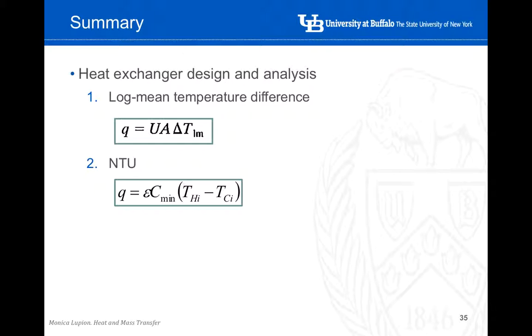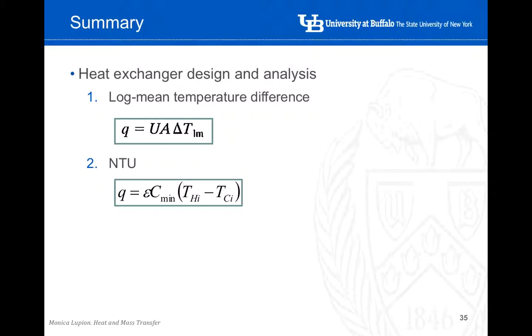This methodology is very useful when we know at least 3 of the 4 temperatures of the fluid at the inlet and at the outlet of the equipment. What is important here is to identify delta T1 and delta T2. Delta T2 is the highest temperature difference in one of the sections, either the inlet or the outlet, and delta T1 is the lowest difference in temperature.